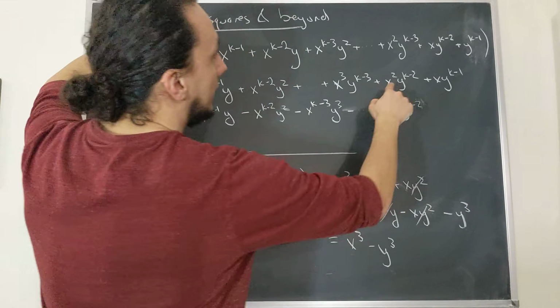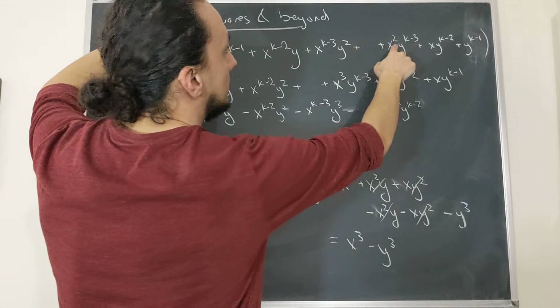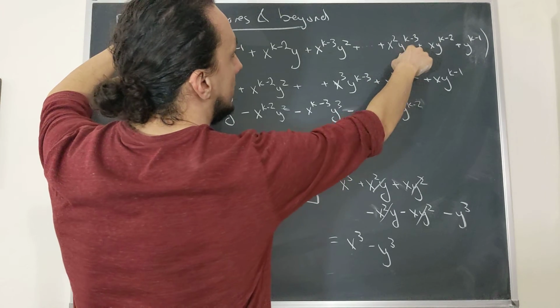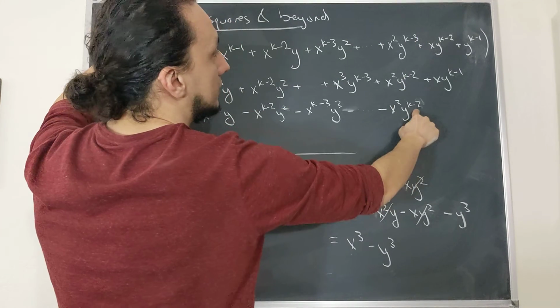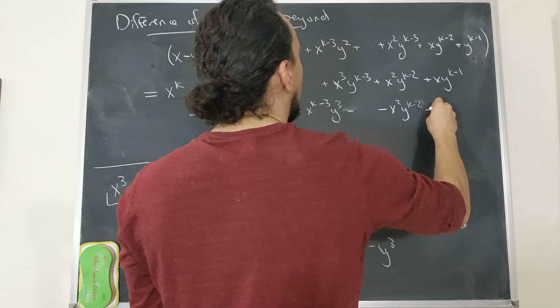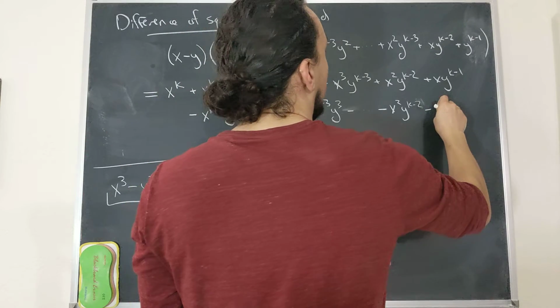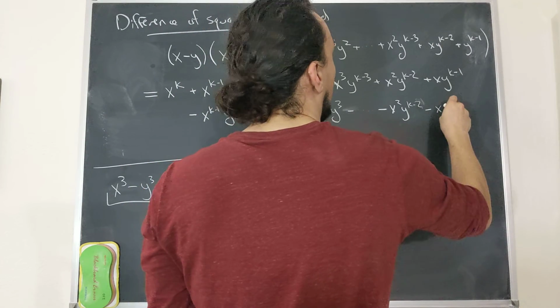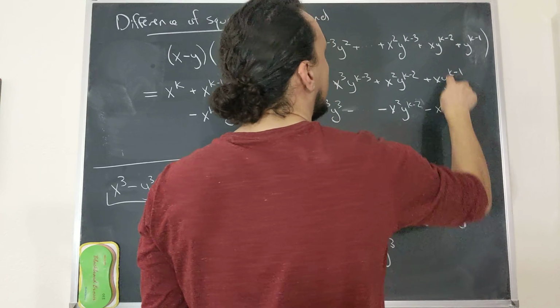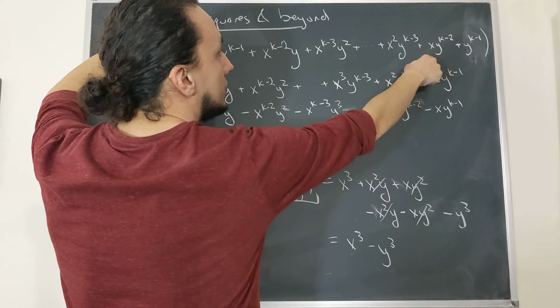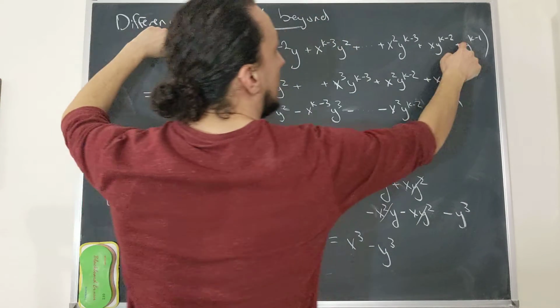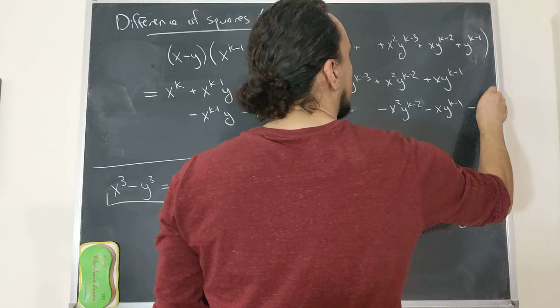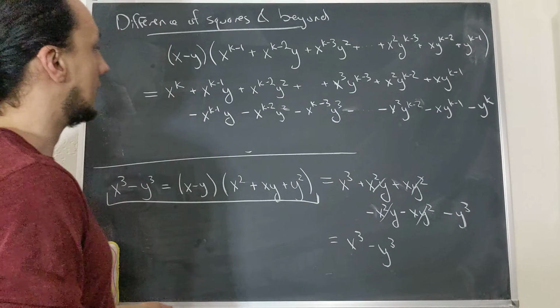This minus y times this here is giving me x squared, and then the exponent of the y goes up by 1, so it's k minus 2, minus x times y to the k minus 1, that's minus y times this term, and finally minus y times this last term gives me minus y to the k.